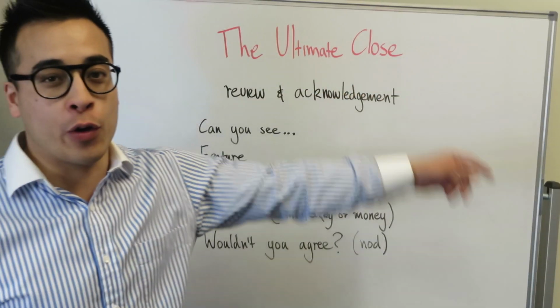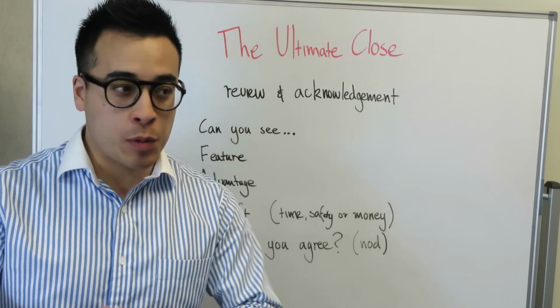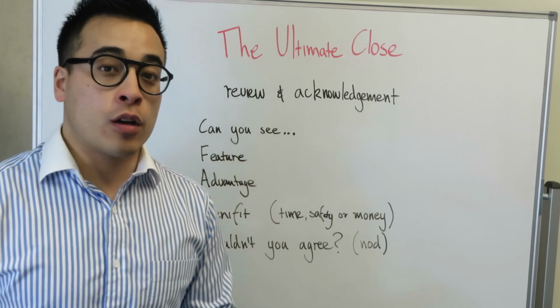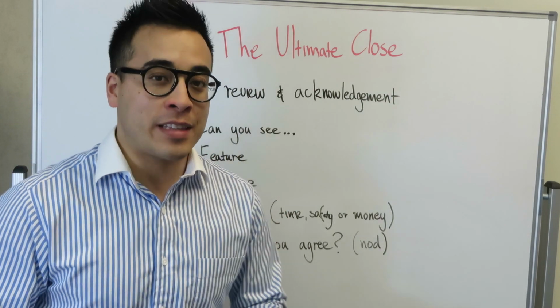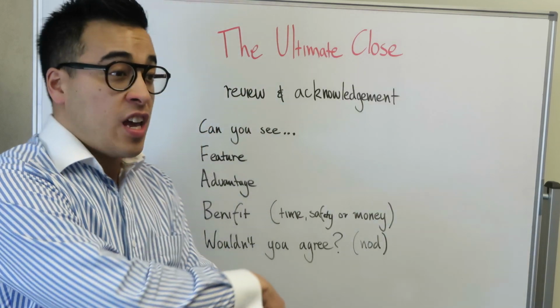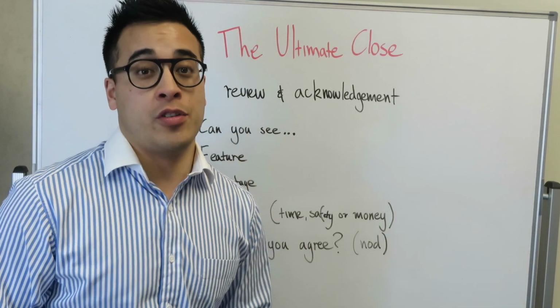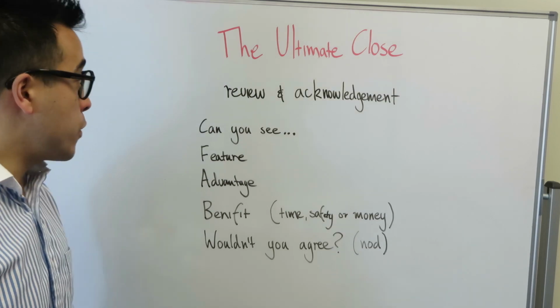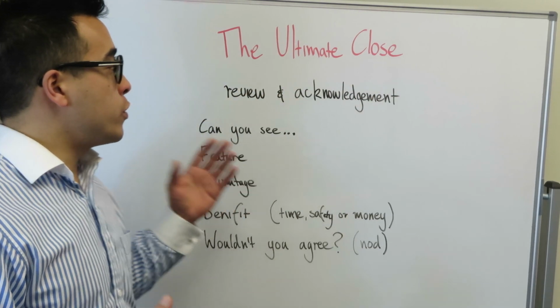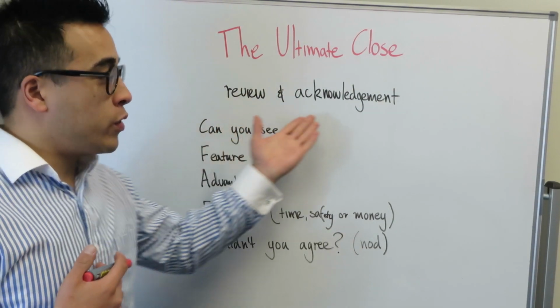Alrighty, the ultimate close. This is a flexible closing foundation framework that you can use pretty much in any part of your listing presentation, okay? And I'll show you how to use it. A close, in my opinion, is a review, then acknowledgement.